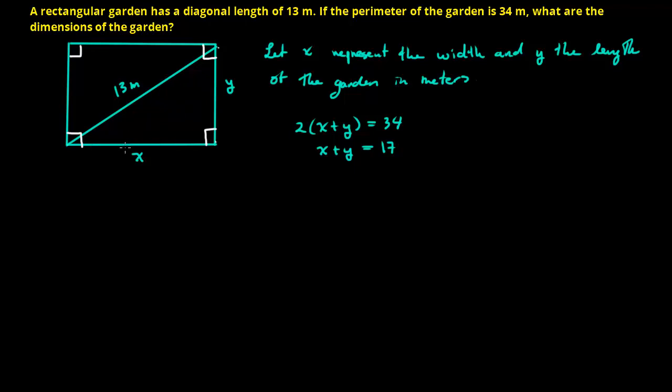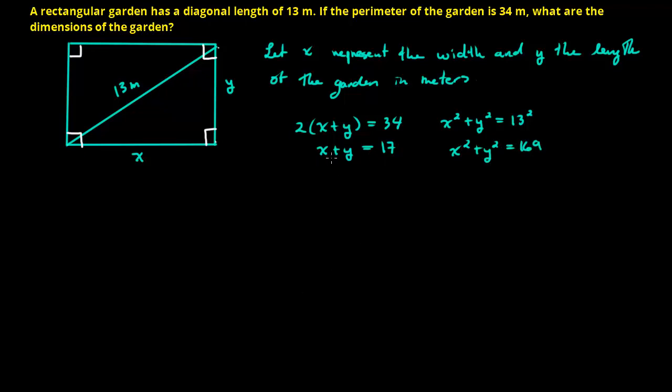Since this is a 90-degree angle, this triangle here is a right-angle triangle. So I can use the Pythagorean Theorem. I know that x squared plus y squared is going to be equal to 13 squared, or x squared plus y squared is equal to 169.